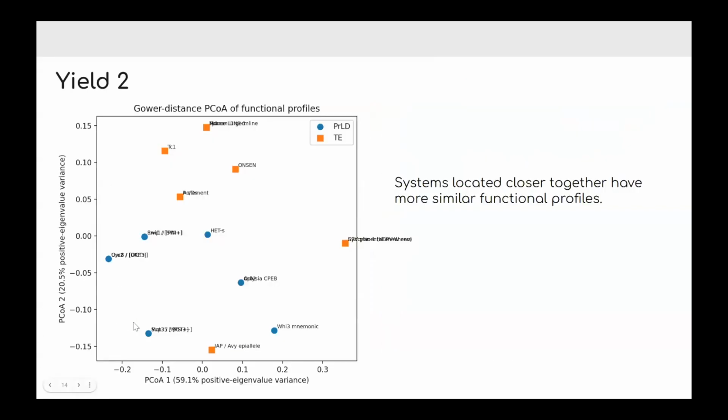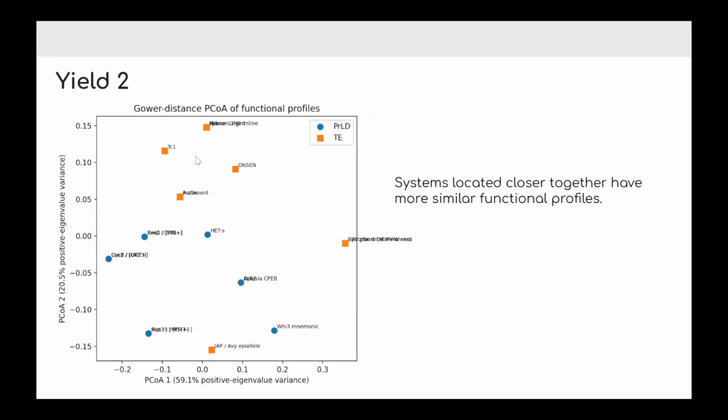And I also did a Gower distance to summarize how different two systems are across all four dimensions. Then I used a PCoA to turn those distances into this two-dimensional plot. The easiest way to read this is that the points that are closer together have more similar profiles. So the prion-like domain and TE systems showed some separation but not complete separation.